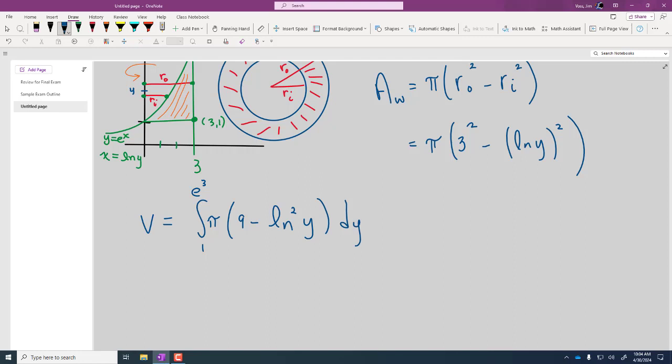Now, do we know how to integrate natural log squared? That is not a polynomial, so you can't add 1 and divide by the new exponent. If we had any hope of integrating this, what technique would we probably try? Trig sub, because we have a difference of squares. Or, the way we integrated natural log was with integration by parts.